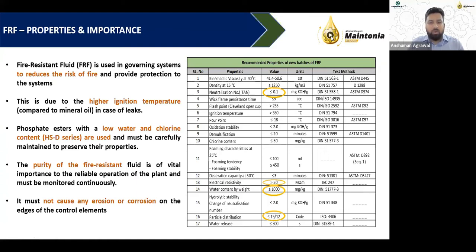And just like all hydraulic fluids, this control system oil needs to have certain parameters in place. So the recommended properties which you normally test for a new batch of this oil, that is a phosphate ester or a fire resistant fluid, these are the values that you would be interested in checking out.